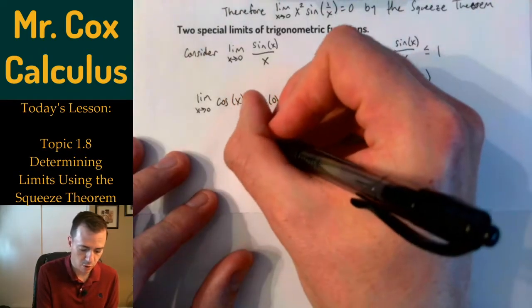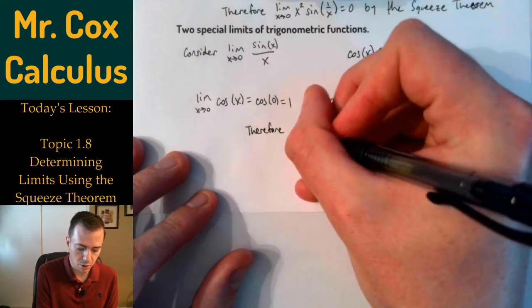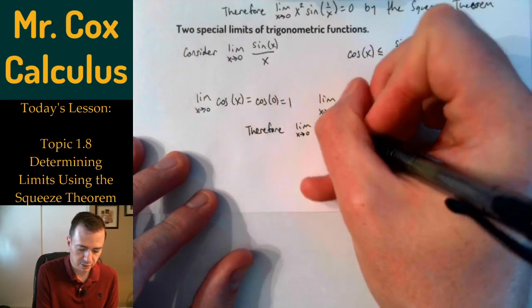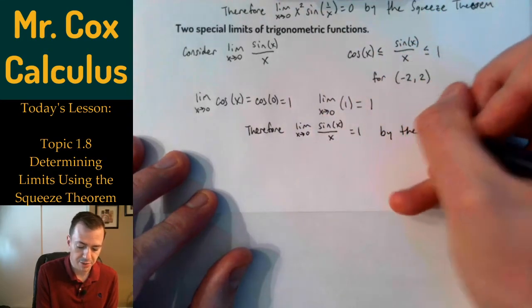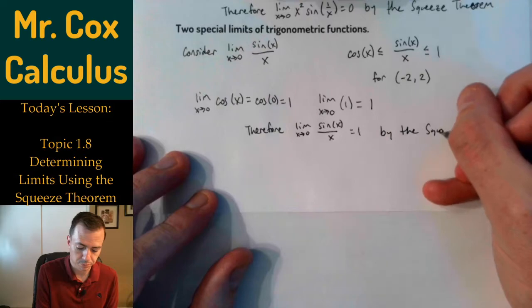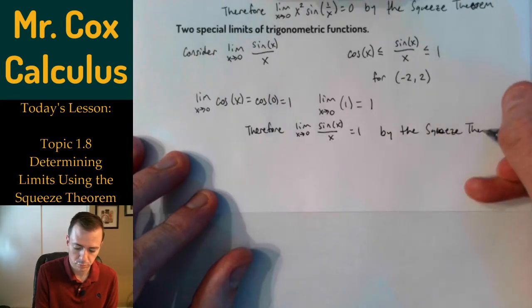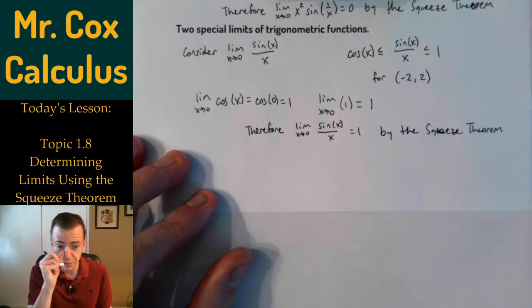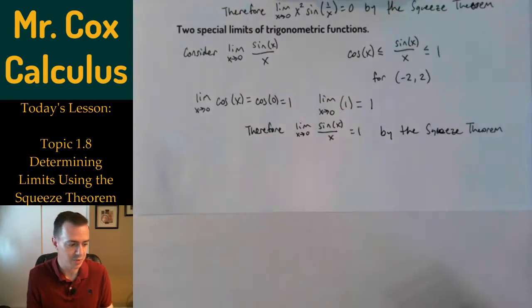And so therefore I can say that the limit as x approaches 0 of sine of x divided by x is equal to 1 by the squeeze theorem. Okay, here's the deal. The proof is a lot less interesting than the actual statement right here.